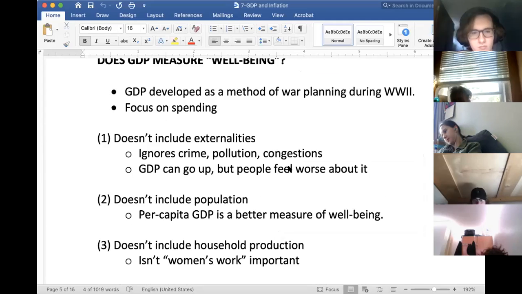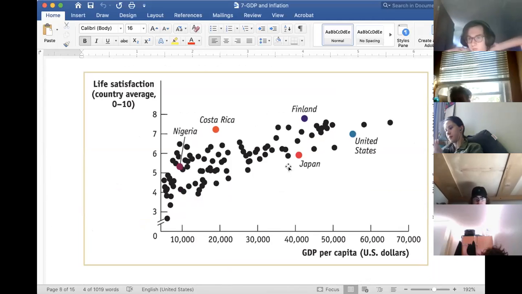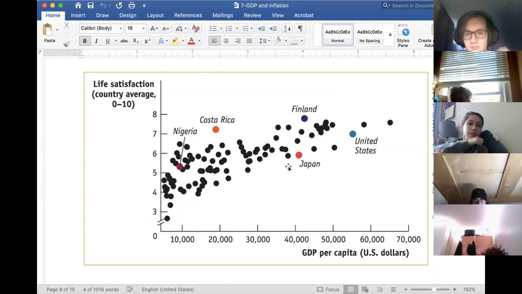We can take a fair amount of comfort, though, in the fact that regardless of how we measure welfare, we find a lot of correlation between GDP and happiness and GDP and welfare, right? So in other words, countries that have higher GDP also tend to have higher life expectancy. They also tend to be more highly educated.